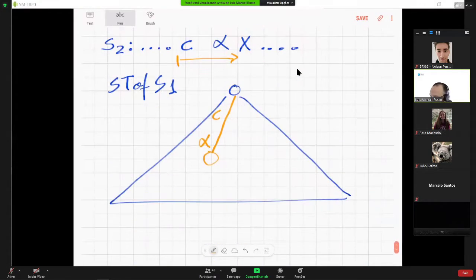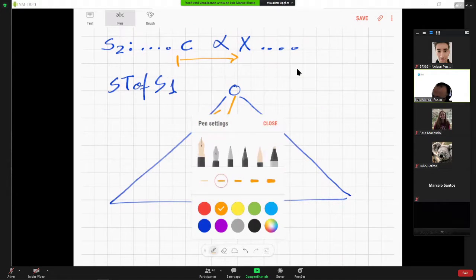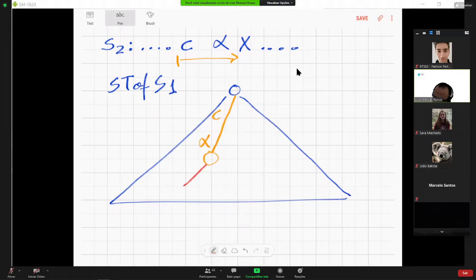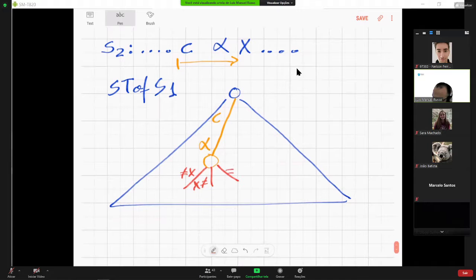So let's assume I reached the node, but now let's assume that if I look at all the letters that start here, they're all different from X. So this is different from X, this is different from X, and this is different from X, right?